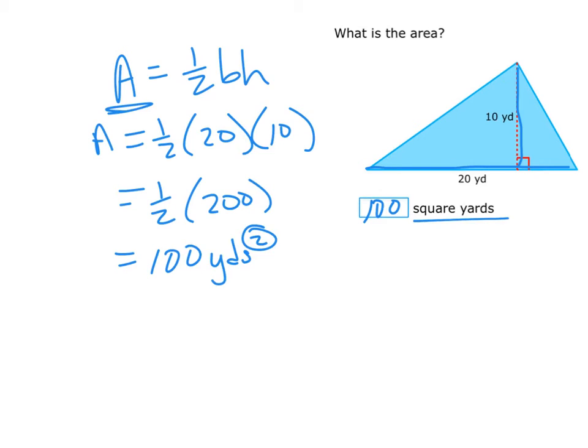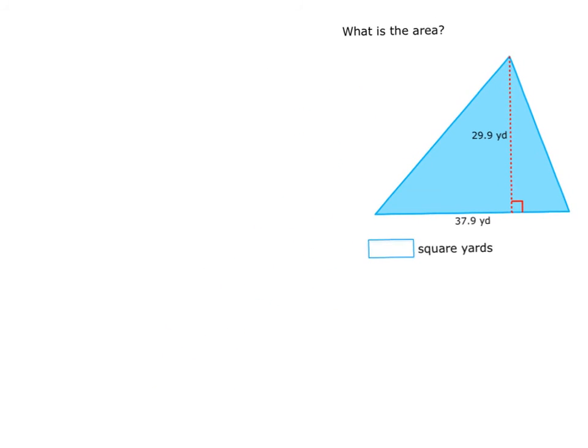I think I have one with decimals. Okay, so even though this is dealing with decimals, you're still going to do the same. 1/2 of base times height.